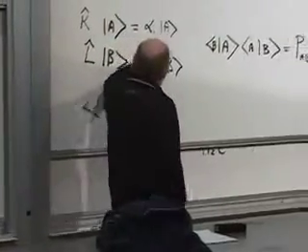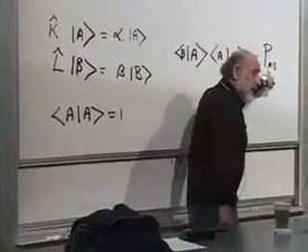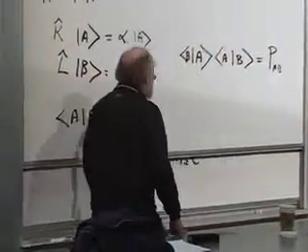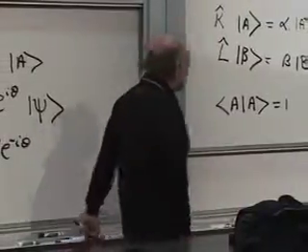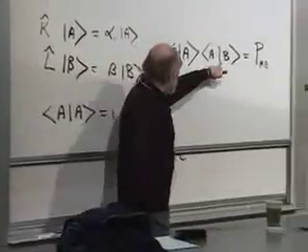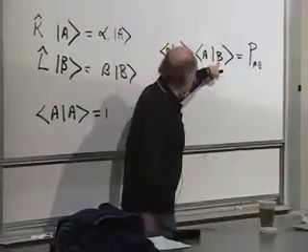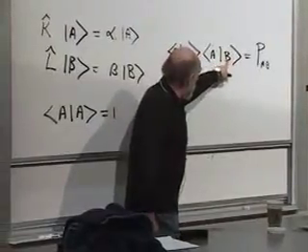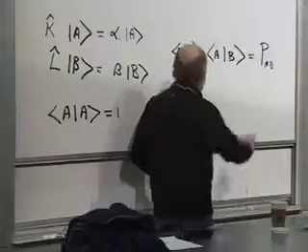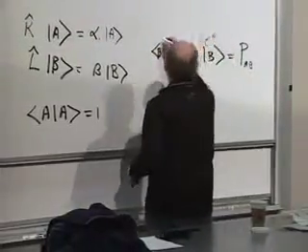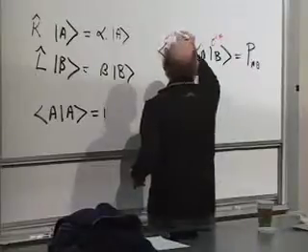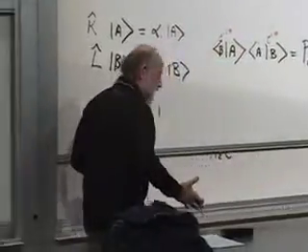Likewise, in the probability, if we multiplied either A or B or both by a phase, it would also cancel out because, let's suppose we multiplied B by a phase. The ket vector over here would get multiplied by a phase. The bra vector over here would get multiplied by the opposite phase, and they would cancel.